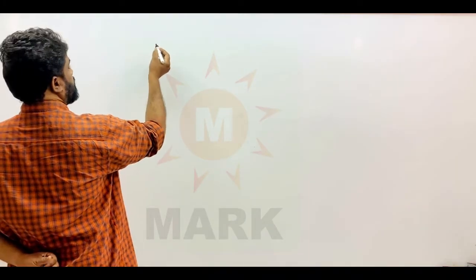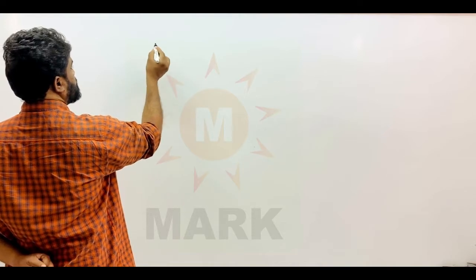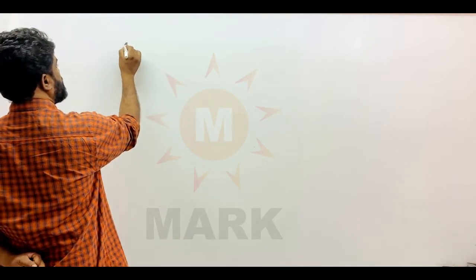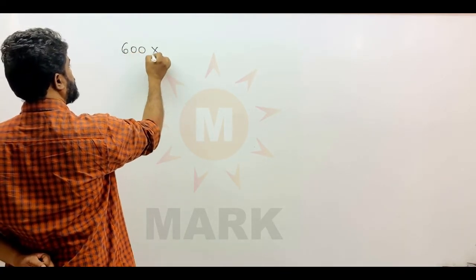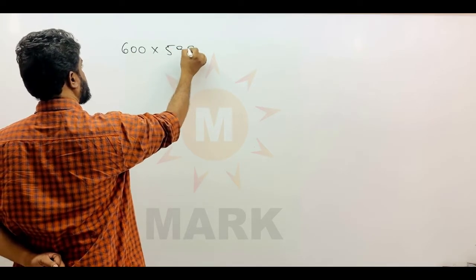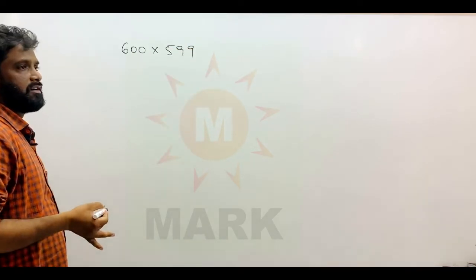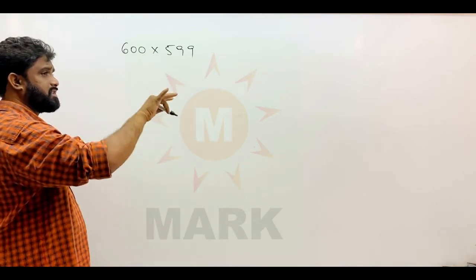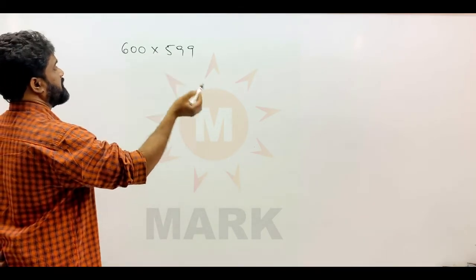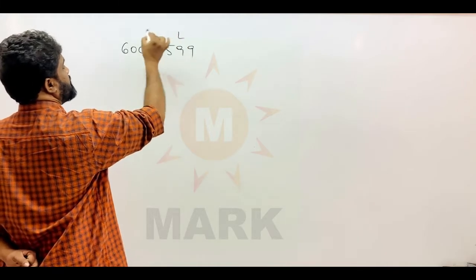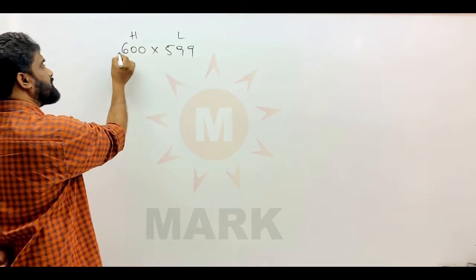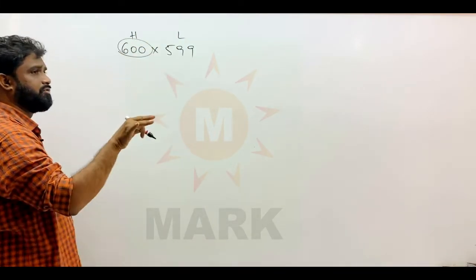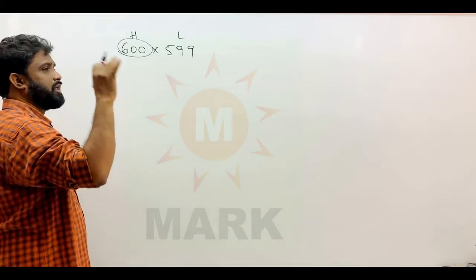Now there is a question like this. Suppose they have given you 600 into 599. I told you two techniques: highest number square minus highest number, or least number square plus least number. See here, this is the least number and this is the highest number. 600 is a round figure, and the highest number is a round figure, so the easy way is to take the highest number.